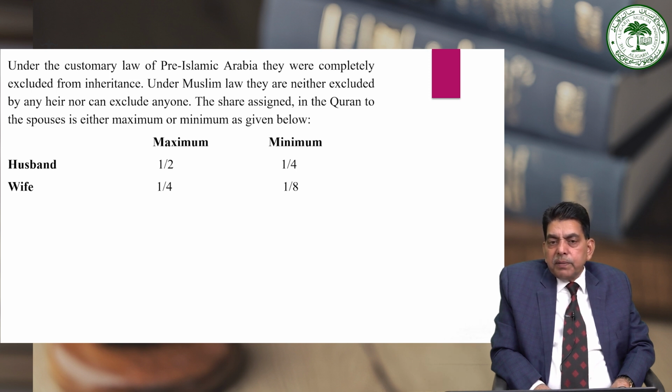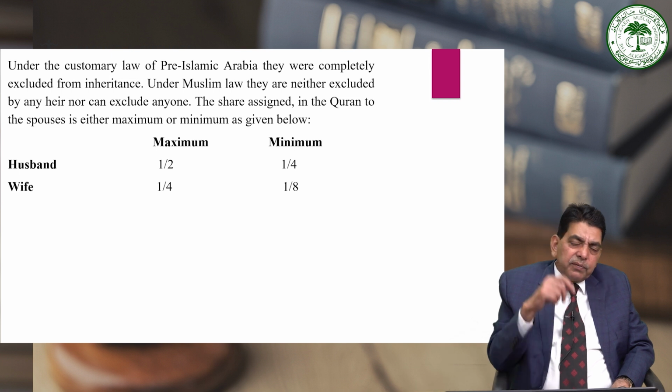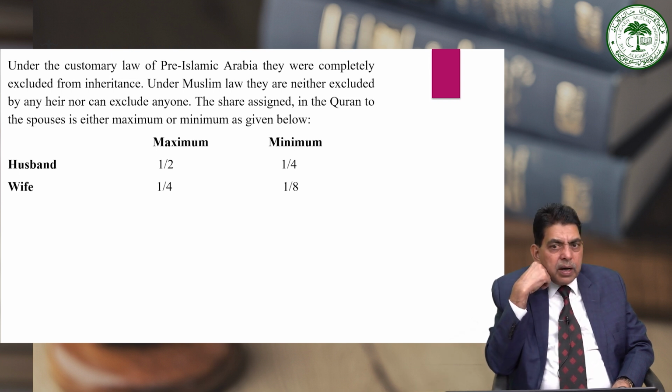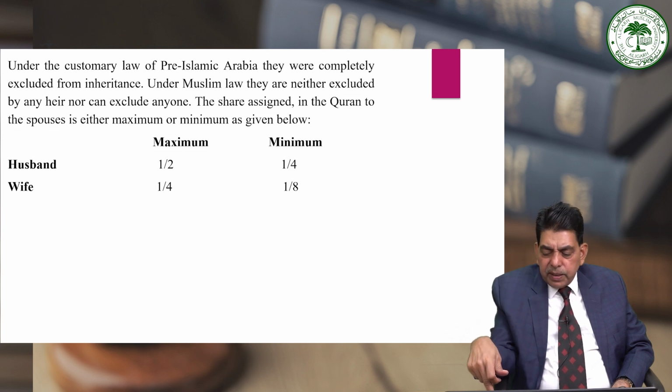So for the husband, the maximum is 1/2 of the net total property of the deceased, and the minimum share prescribed in the Holy Quran, verse 11, is 1/4. Likewise, for the wife or widow, because after the death of the husband the wife will be called a widow, she will be entitled to the maximum under certain circumstances, and the maximum share prescribed for the widow is 1/4, or the minimum may be 1/8.